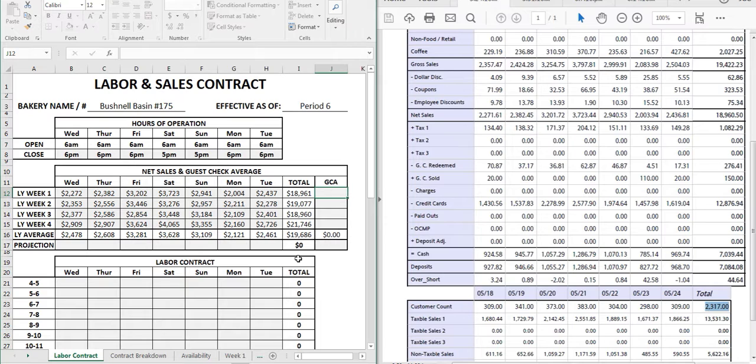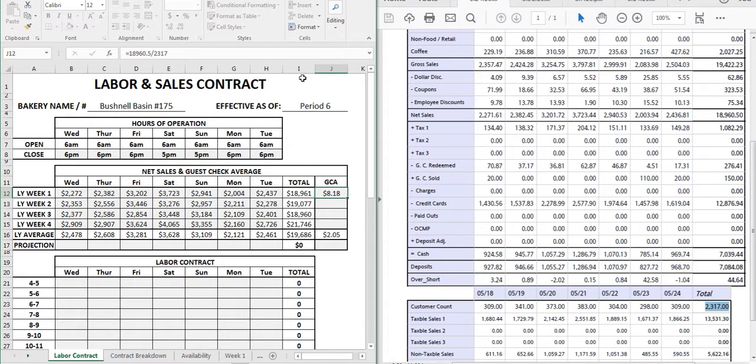So again, you could either use the calculator and go 18960.5 divided by 2317 to get your number and type the number in, or you can simply write equals 18960.5 divided by 2317, and you would get your number there. So again, it would do the math for you.